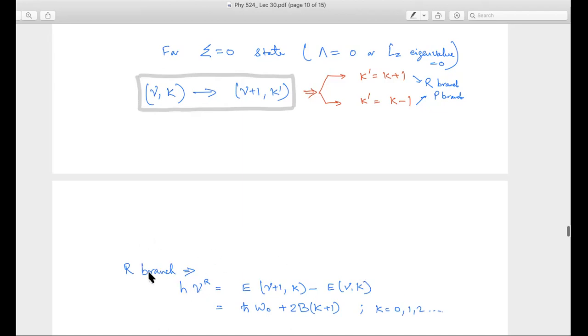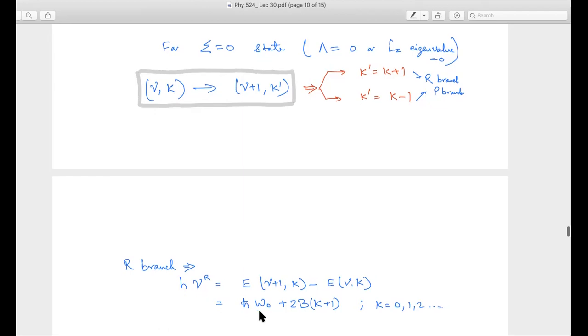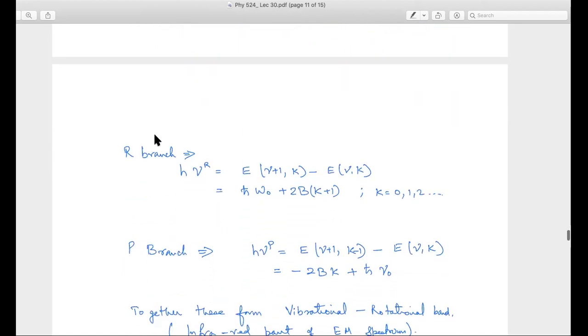So these are the energies of the R branch. So I get this vibrational transition energy, plus some correction which comes from the rotational degrees of freedom. And recall that this B number is much smaller than h bar omega naught generally. So that's my R branch.